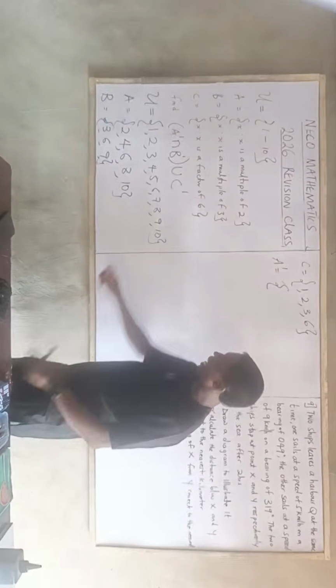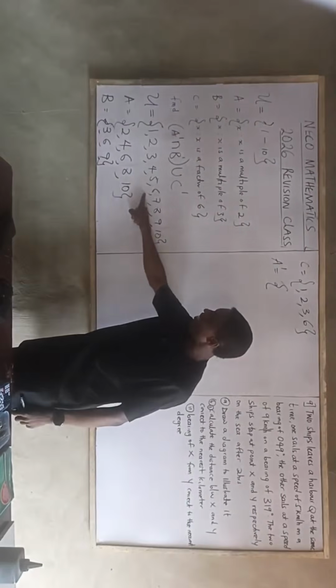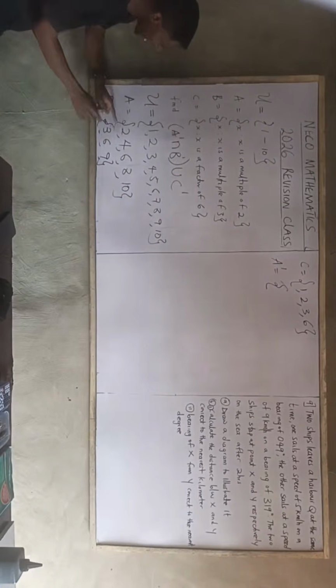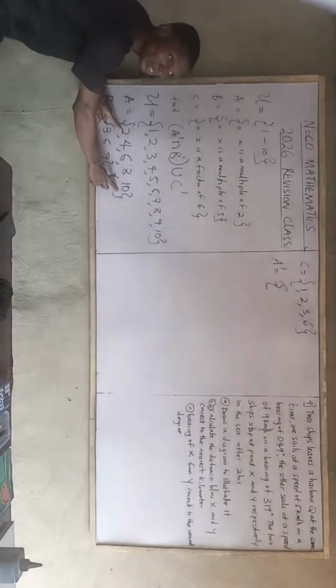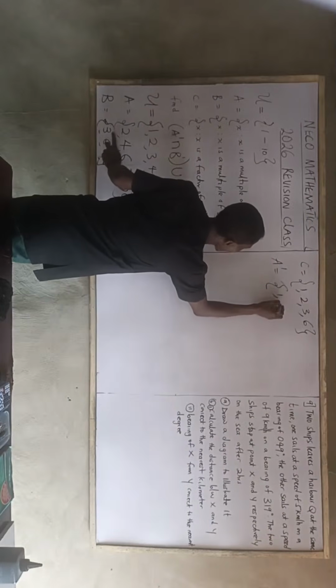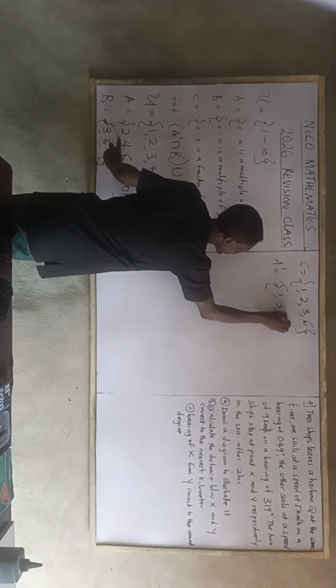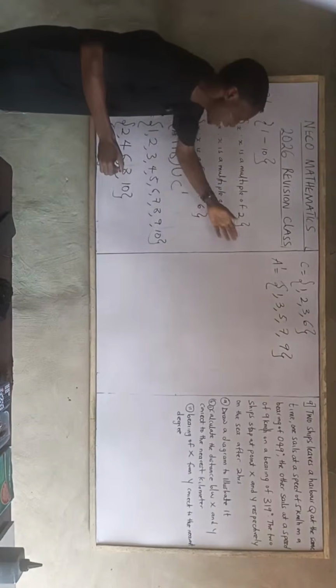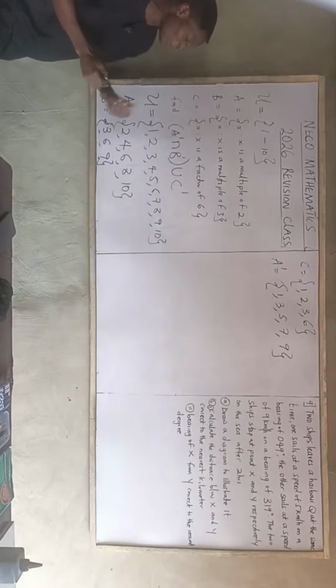So what are the elements that I can find in the universal but do not have in A? A is the even numbers, so I can bring this out to be 1, since I have 2 there, 3, 5, 7, 9. These are elements that we can find in the universal but are unable to find in A.